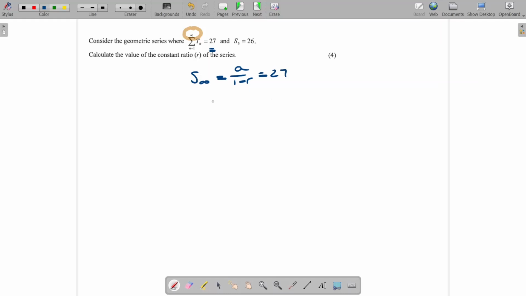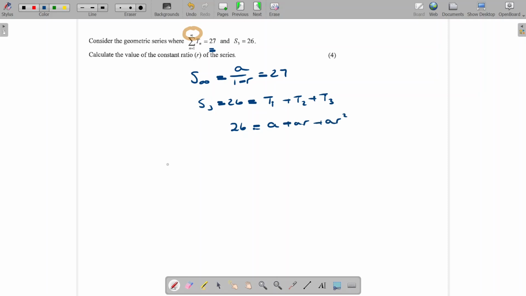And they tell me that S of 3 is 26. Let's be a little more clear on what I'm doing. That is equal to T1 plus T2 plus T3. So 26 equals a plus ar plus ar squared.